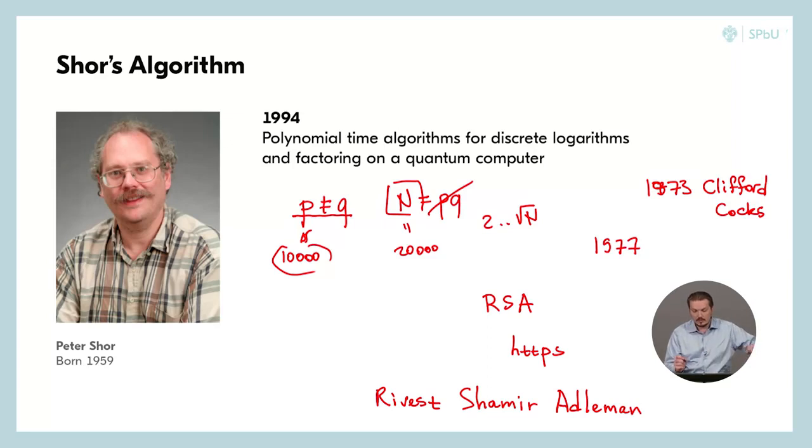So the algorithm was named by the first letters of their names, the RSA.